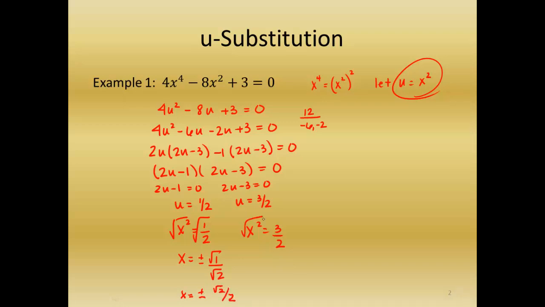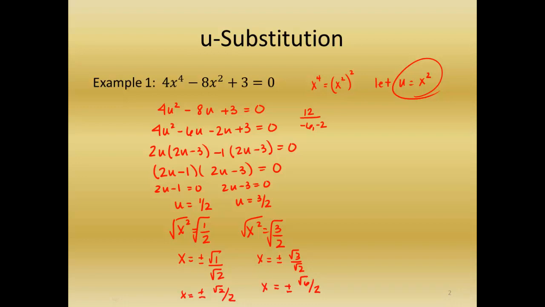On the other side, very similarly, we'll take the square root of both sides and get x equals plus or minus the square root of 3 over the square root of 2, which will also be rationalized by multiplying both the numerator and the denominator by the square root of 2 to be square root of 6 over 2.